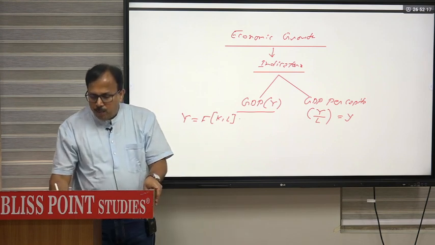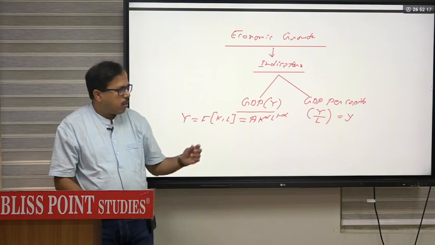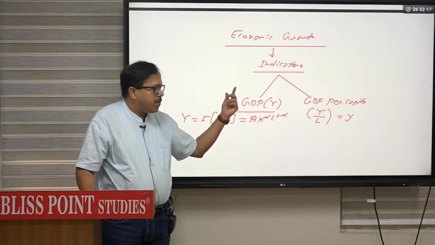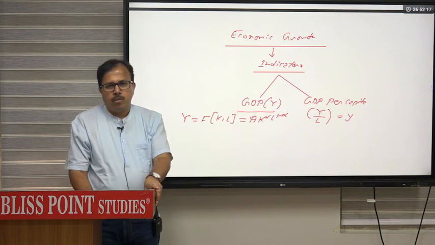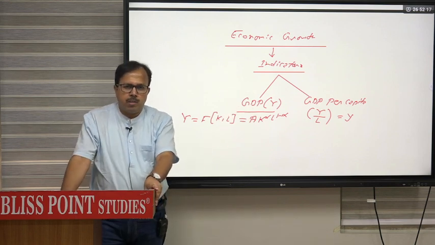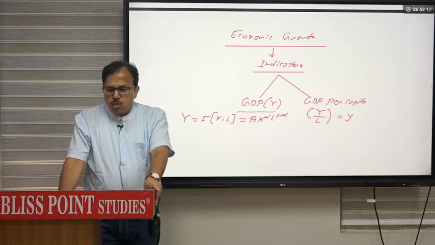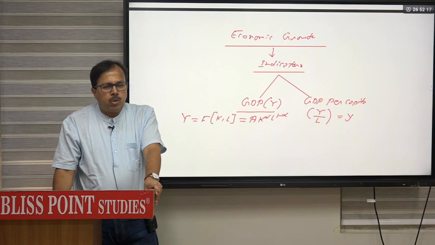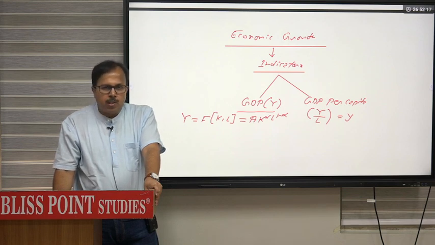I can express this function as Y = A K^α L^(1−α). Y is a function of capital and labor, and I have taken a specific form of the production function, which is the Cobb-Douglas production function. This Cobb-Douglas production function will be the basic production function in the entire growth model. We will start with the Solow model by taking this production function.